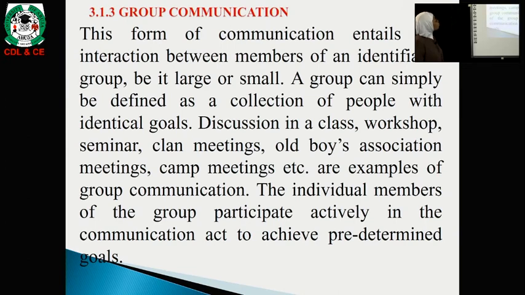We are into group communication. This form of communication entails the interaction between members of an identifiable group, be it large or small. A group can simply be defined as a collection of people with identical or identifiable goals.